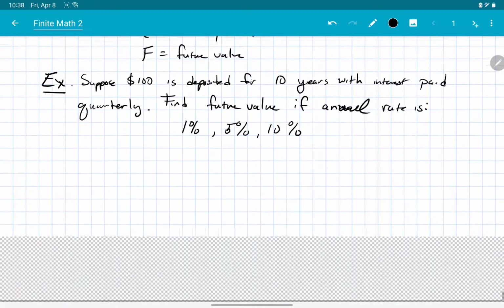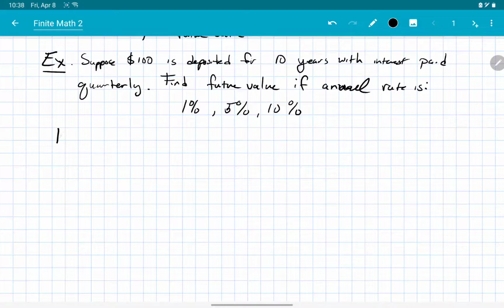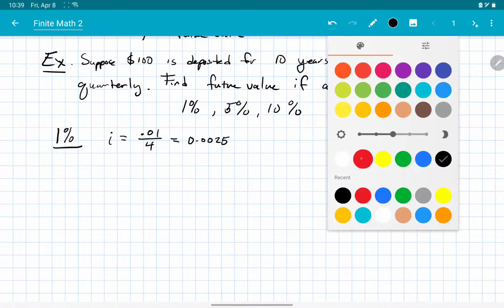So let's start with the 1%. Okay, interest is compounded quarterly, so I is going to be that 1% interest divided by 4. Right? 1% total over the year, but it's compounded quarterly, so we divide 1% by 4 to get 0.0025. All right, so now we're ready. We have all of the things we need, right? Let me label this.